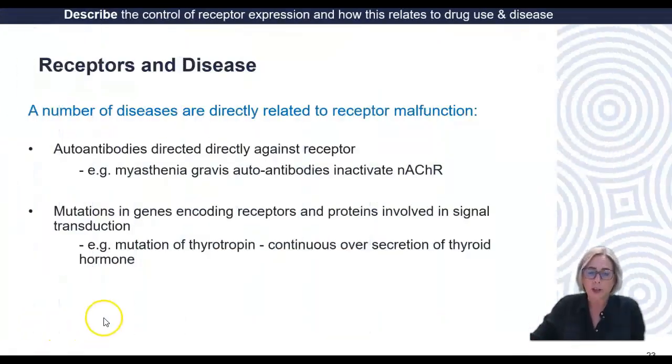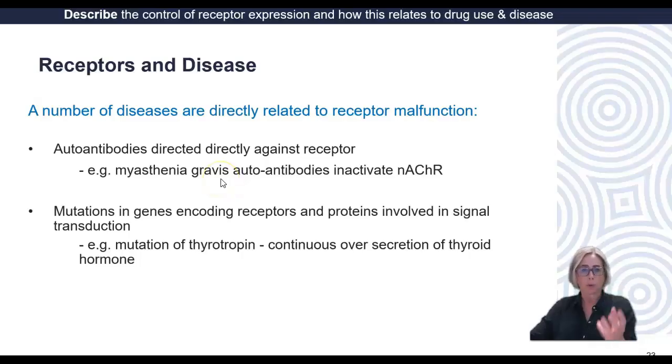And so a number of diseases are directly related to receptor malfunction. Very briefly here, this autoimmune condition called myasthenia gravis, which is a progressive autoimmune condition that leads to progressive muscle wastage. We will talk about this in the immune topic, so don't worry, you don't need to know that much about it at the minute. But what happens with this disease is the immune system produces an autoantibody, and that autoantibody is directed directly against the receptor.